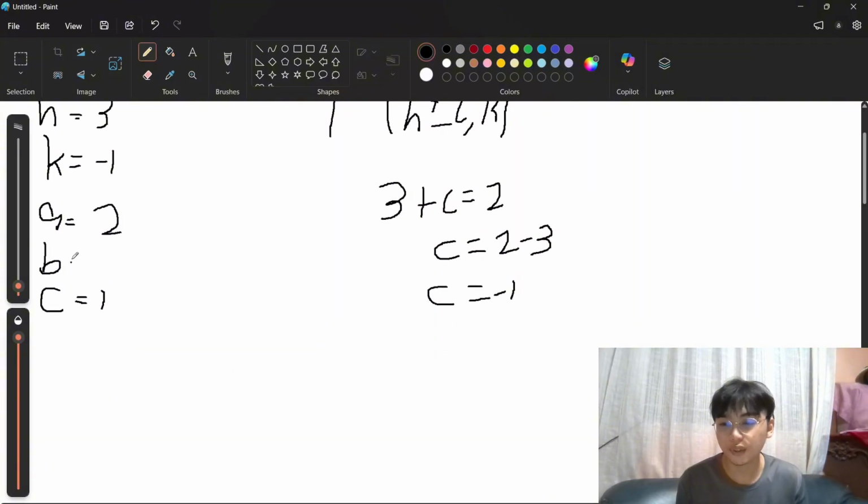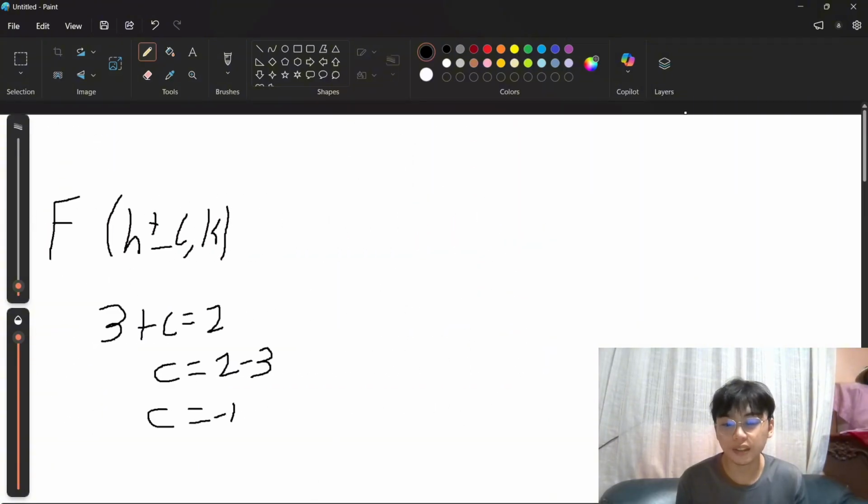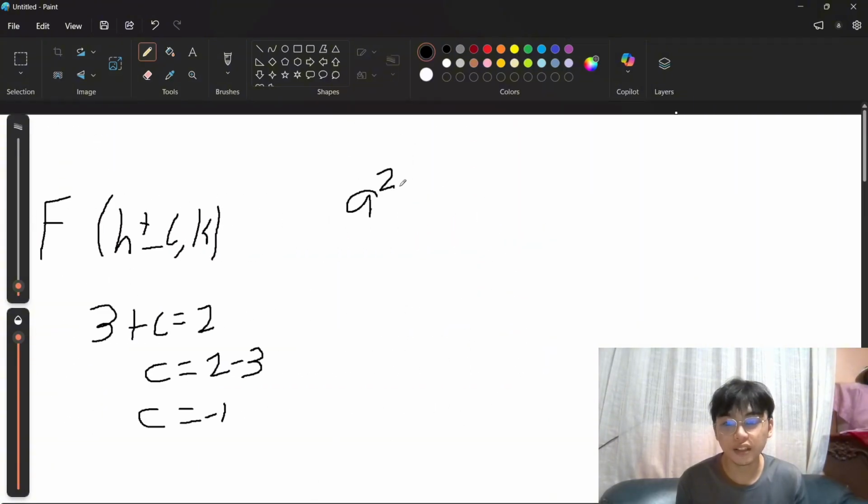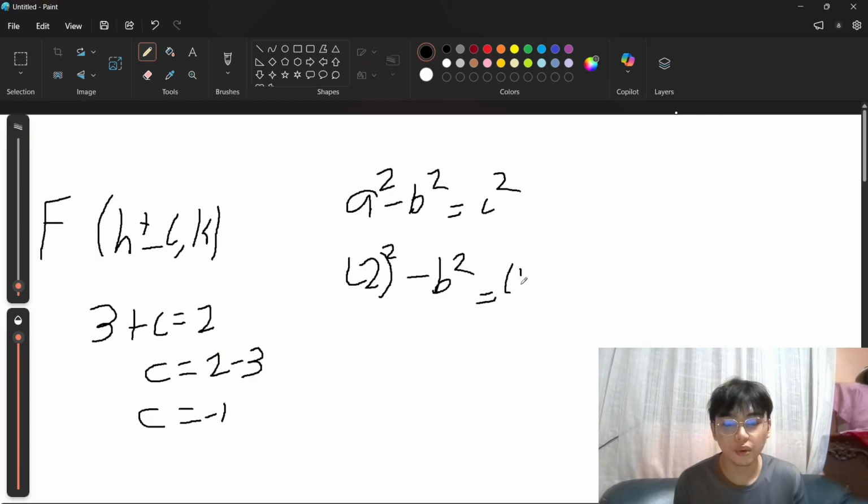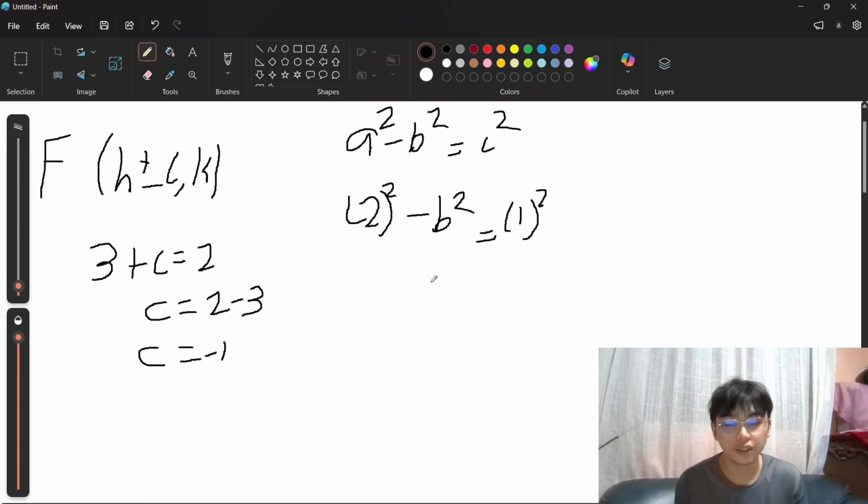Now let's solve for b, using a squared minus b squared equals c squared. Let's substitute our values. We would have 2 squared minus b squared equals 1 squared. So let's do the operations. We would have negative b squared here, and then 1 minus 4.